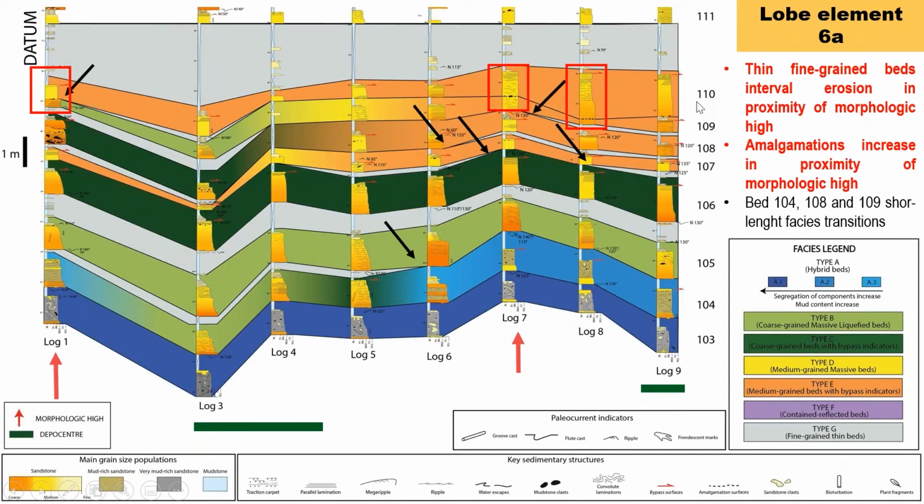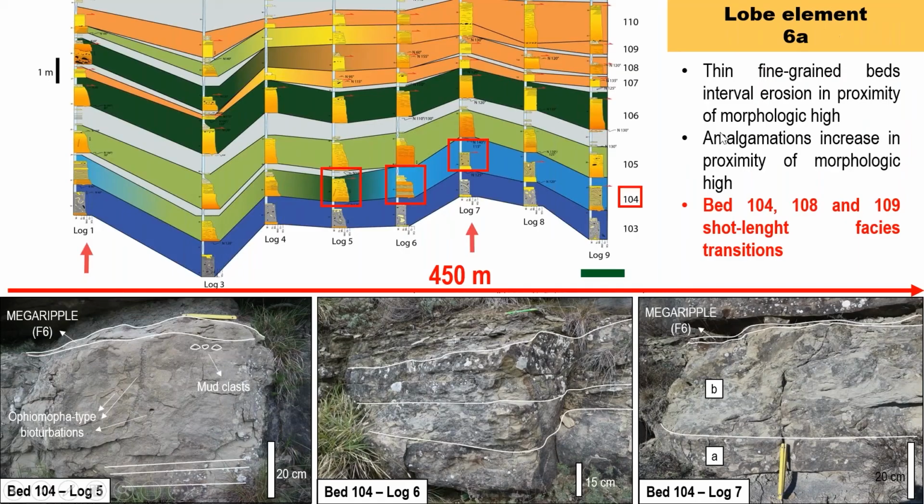Let's go ahead with the lobe element 6A, and again we can see the pinching of the fine-grained interval in proximity of the subtle morphological high, and also the amalgamation of bed 109 and 110. Also in this lobe element, some beds exhibit short-length facies transition.